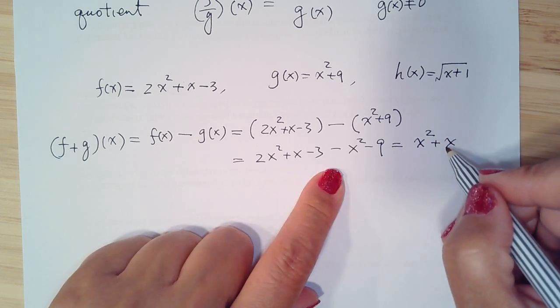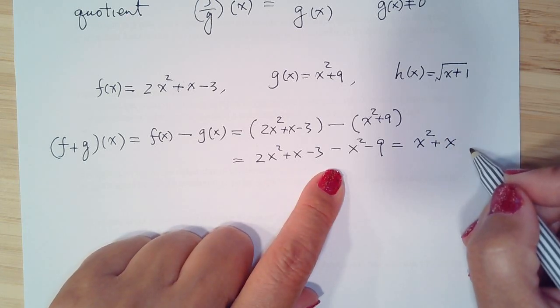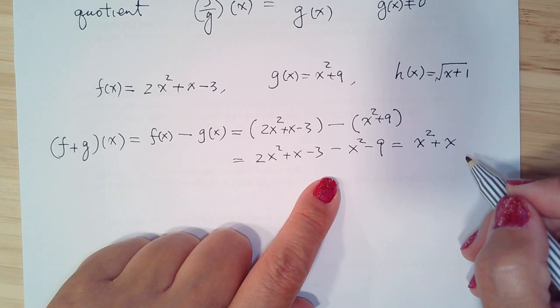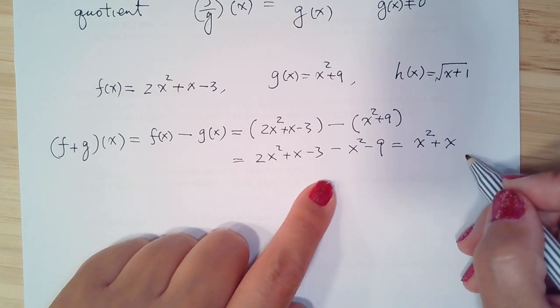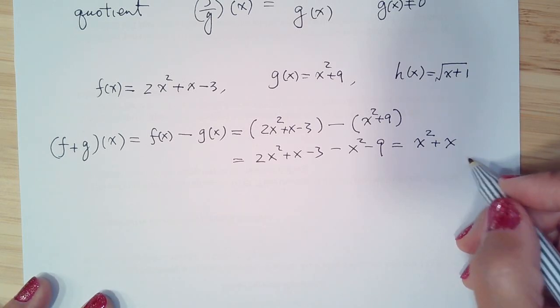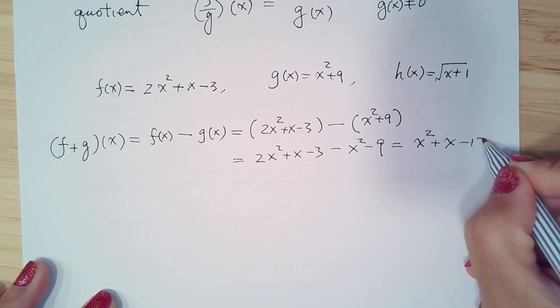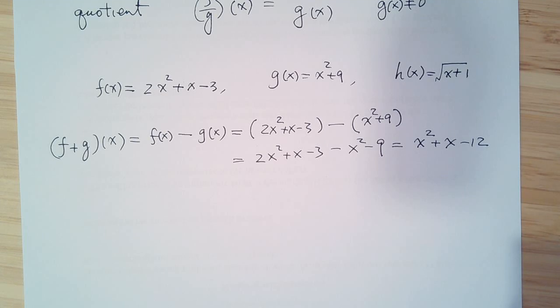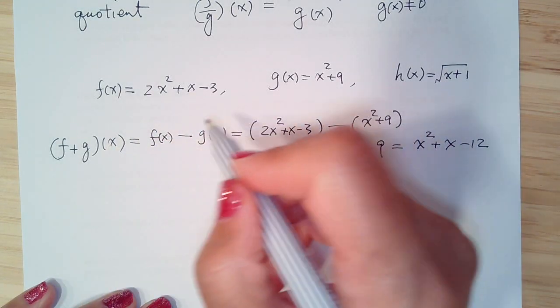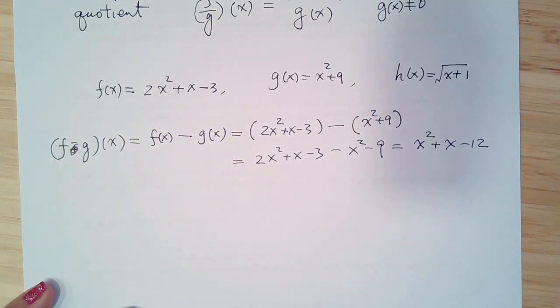Minus 3 minus 9, minus 12. Oh, sorry, I did a minus. Okay, sorry, let me change it here.